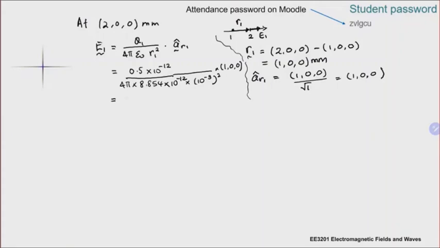That will give us 4.49 times 10 to the 3, 1, 0, 0 volts per meter.